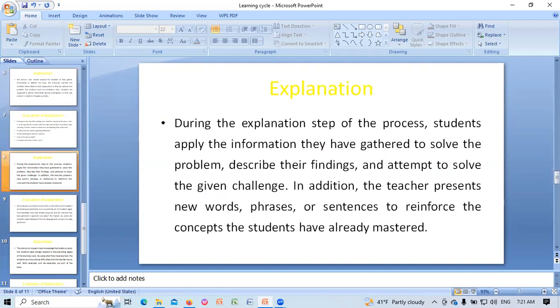Explanation. During the explanation step of the process, students apply the information they have gathered to solve the problem, describe their findings, and attempt to solve the given challenge.